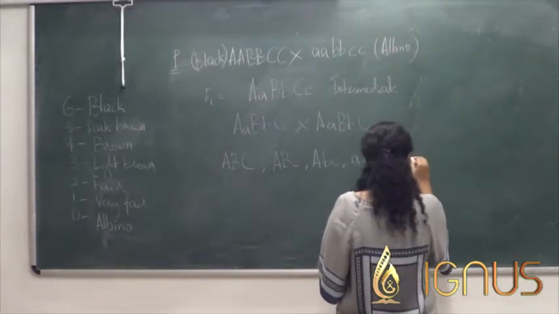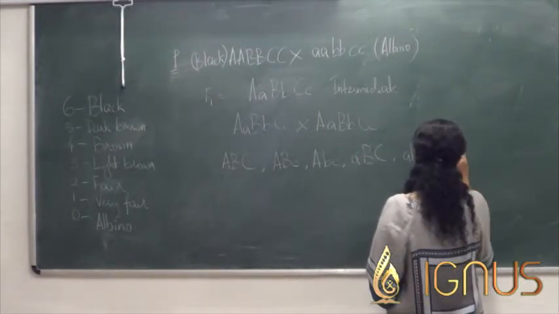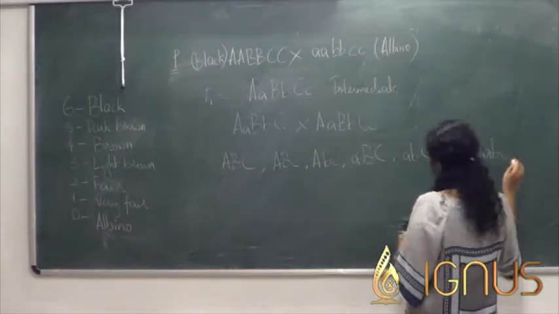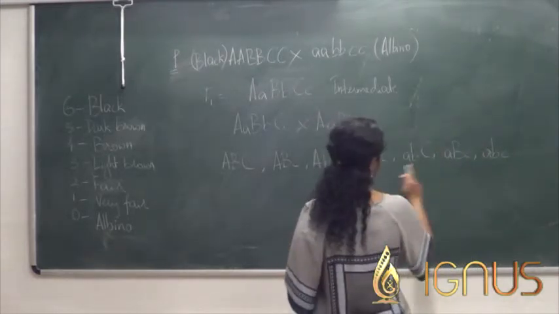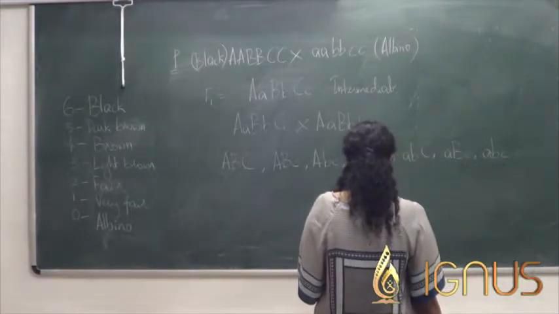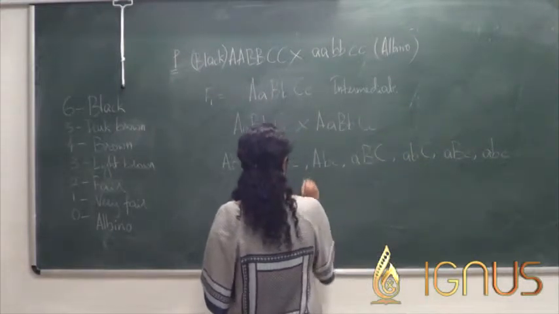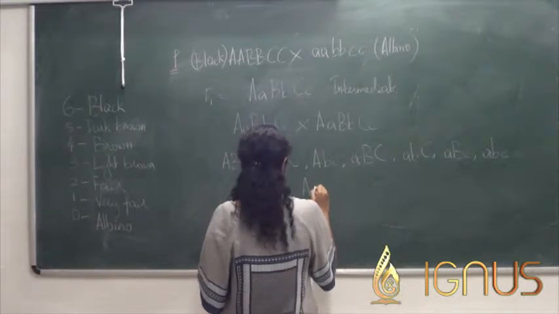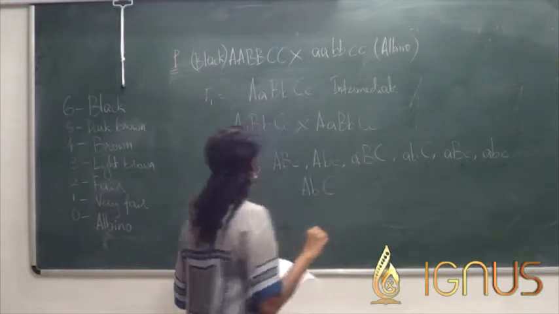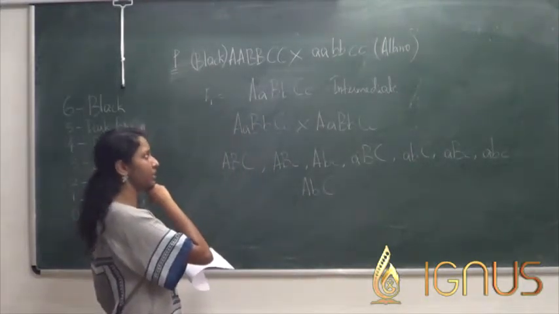After that you have 2 recessive, 1 dominant, and all recessive. So you have 1, 2, 3, 4, 5, 6, 7, and 1 got missed, which was A, B and C. Okay, so you have 8 gametes which are forming here.